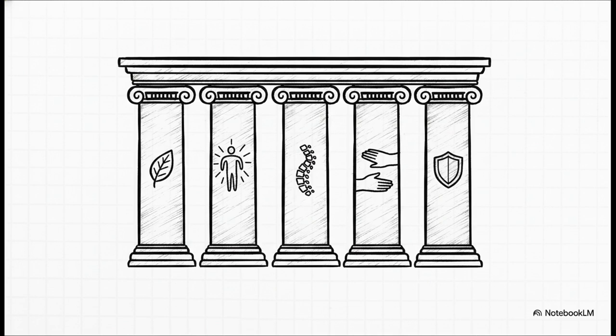Second, it relies on a deeply holistic philosophy that prioritizes the body's innate ability to heal itself. Third, its entire core focus is on identifying and treating vertebral subluxations to remove nerve interference. Fourth, it achieves this primarily through manual physical manipulation. And fifth, despite being alternative, it is strictly governed by statutory regulatory councils globally.